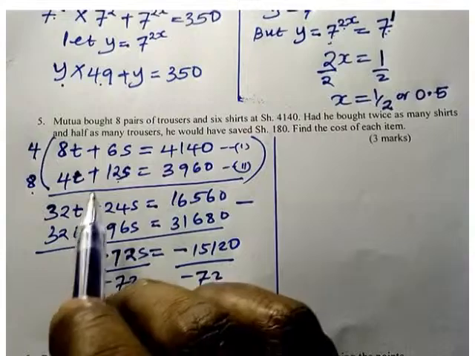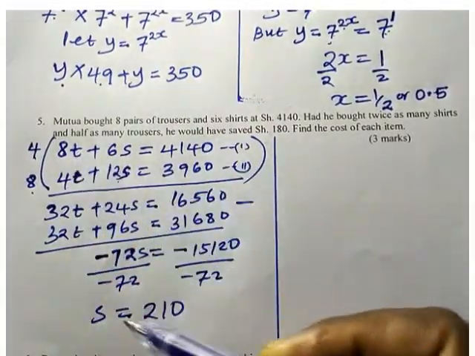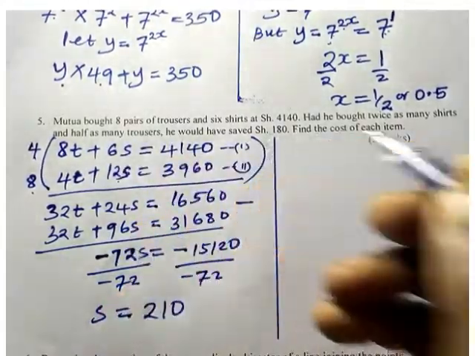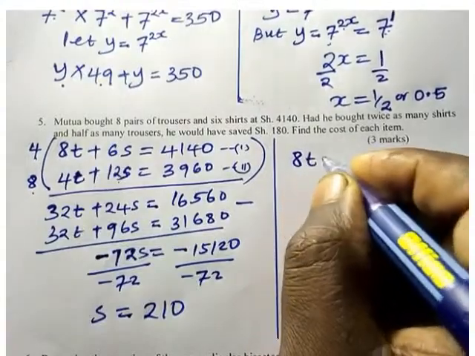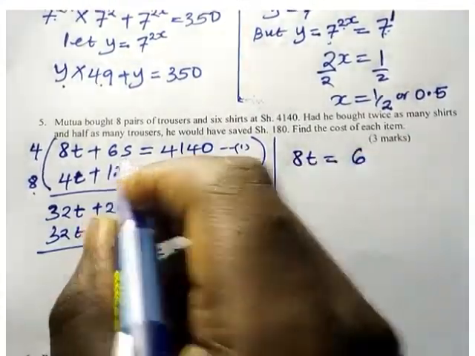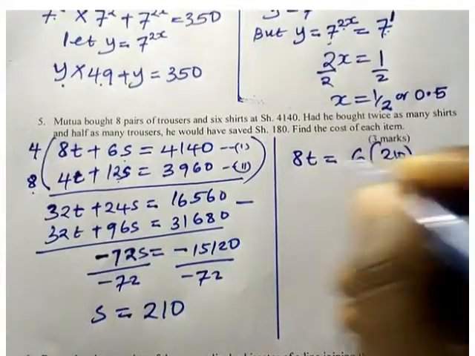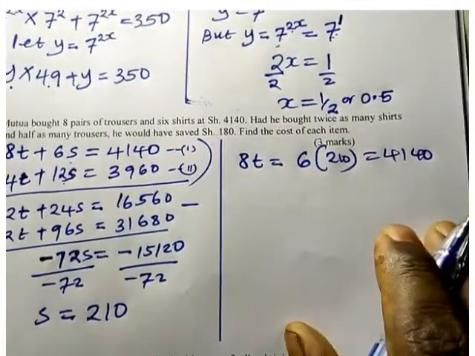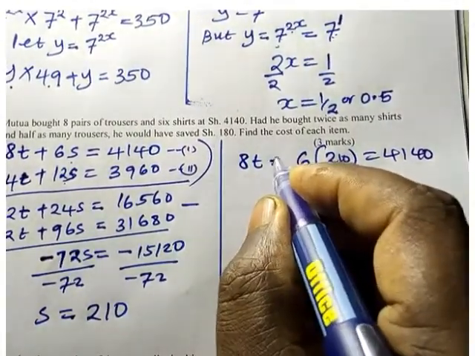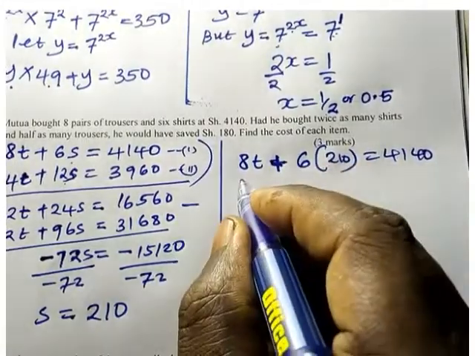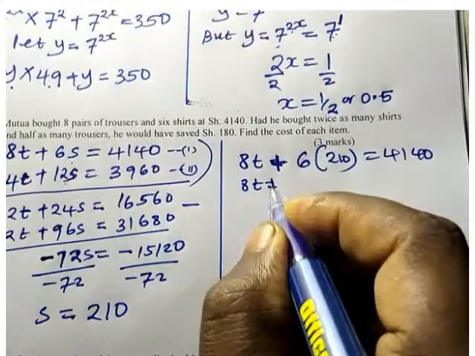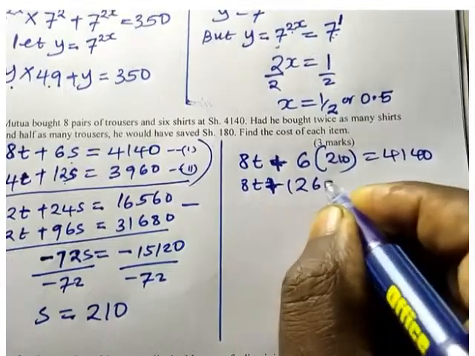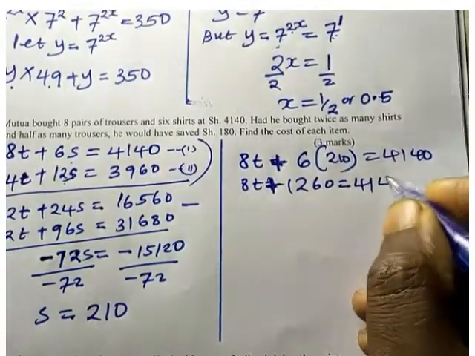Now I want to get the value for T. You take this S and substitute in either this or that equation, any of them. So let me substitute in equation 1. 80T plus 6S, and S is 210 here, which is 1,260. Sorry, this is plus. So 80T plus 1,260 is equal to 4,140.